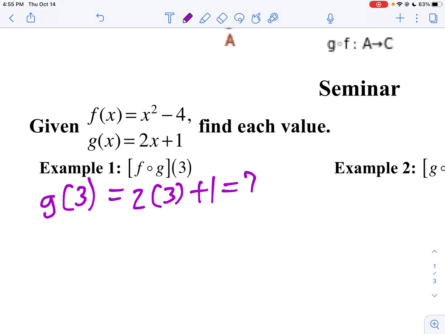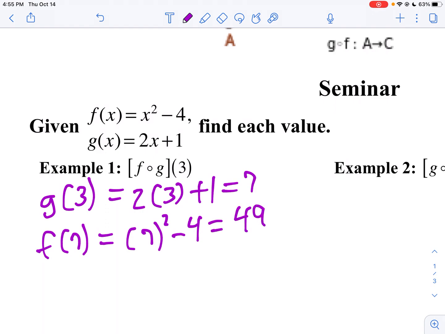So then I'm going to find f of 7. So then f is x squared minus 4, so I'll have 7 squared minus 4, which gives me 49 minus 4. So 45 is the composition of f of g of 3.